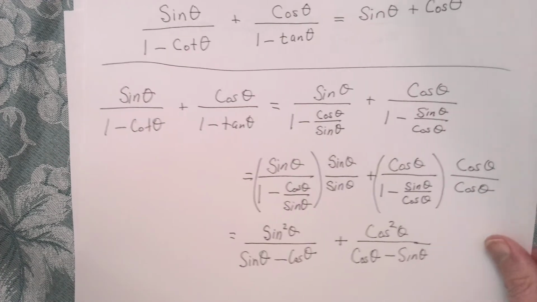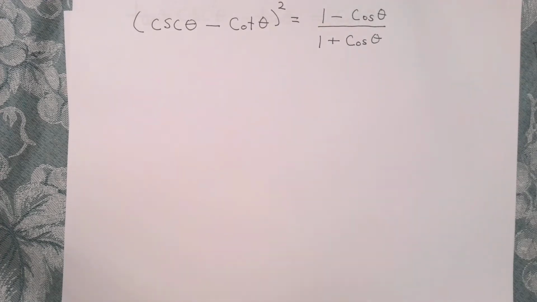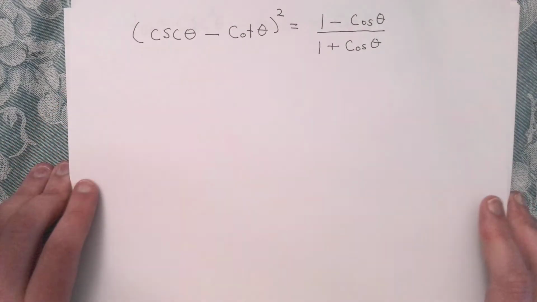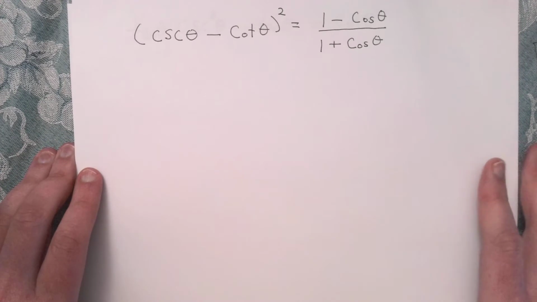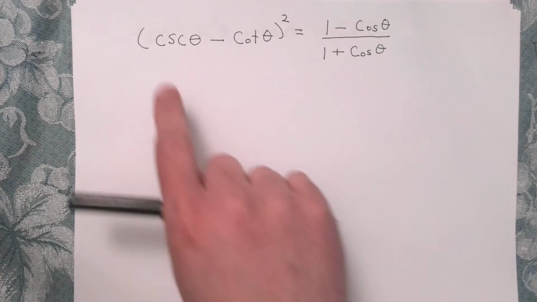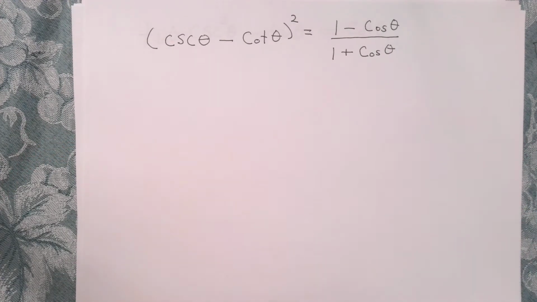Okay, what's next? Okay, so we want to show that this is equal to this. I don't know what side's more complicated in this case. Maybe the left side gives me more to work with? I don't know. Maybe the right side?